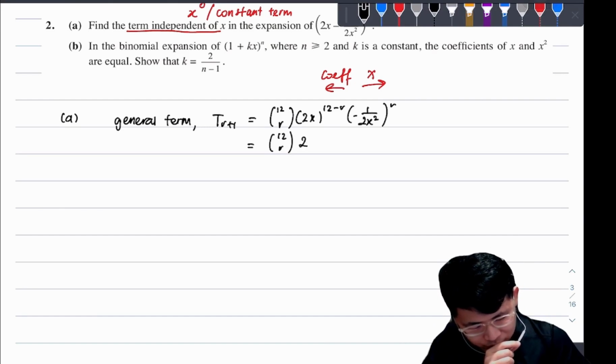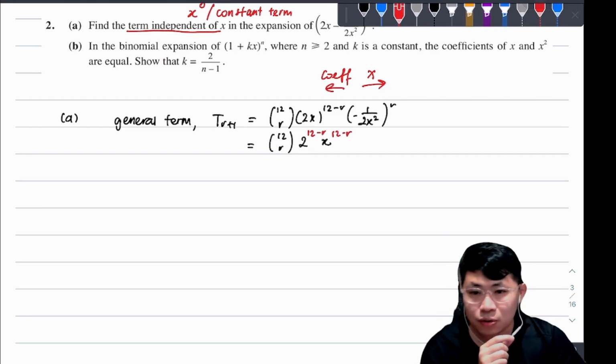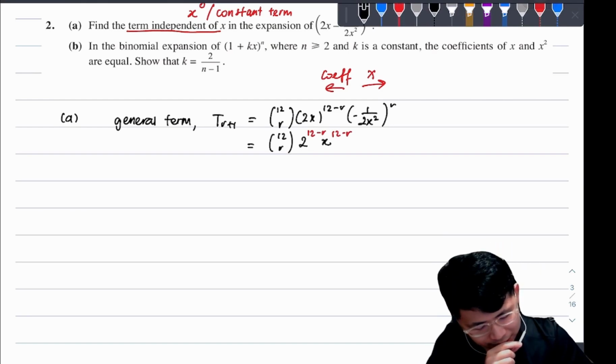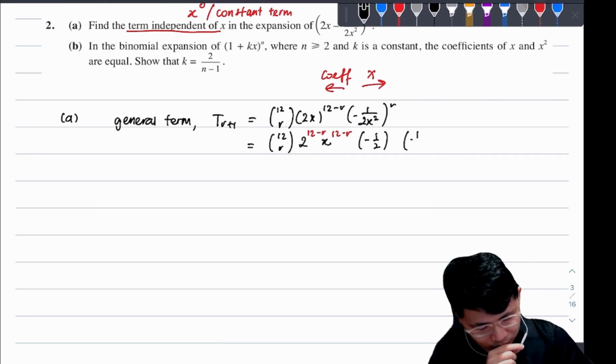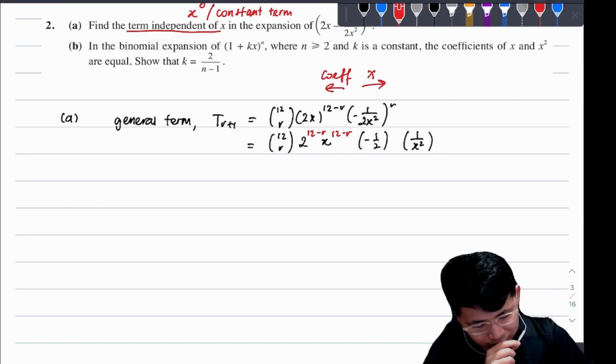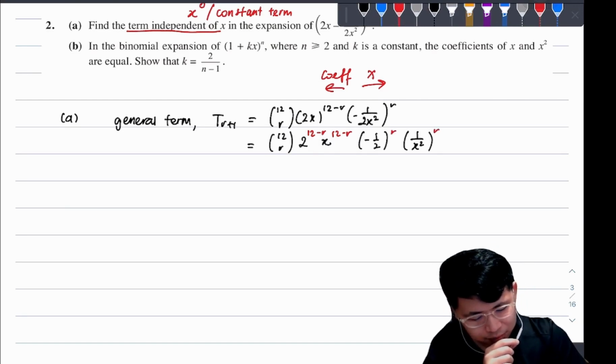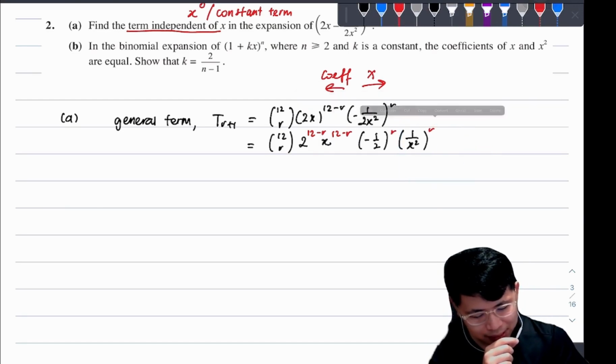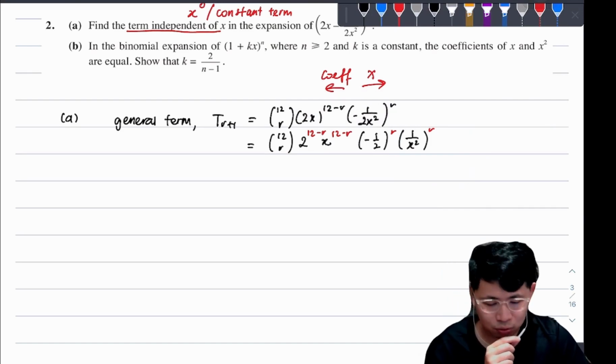I have a 2 and an x, so this would be 2 to the power of 12 minus r, x to the power of 12 minus r, using the law of indices. Over here, I can split this into negative half, and I have 1 over x squared, like this. Including the negative is very important. The negative must be there, inside the bracket, so that it is easier to collapse.